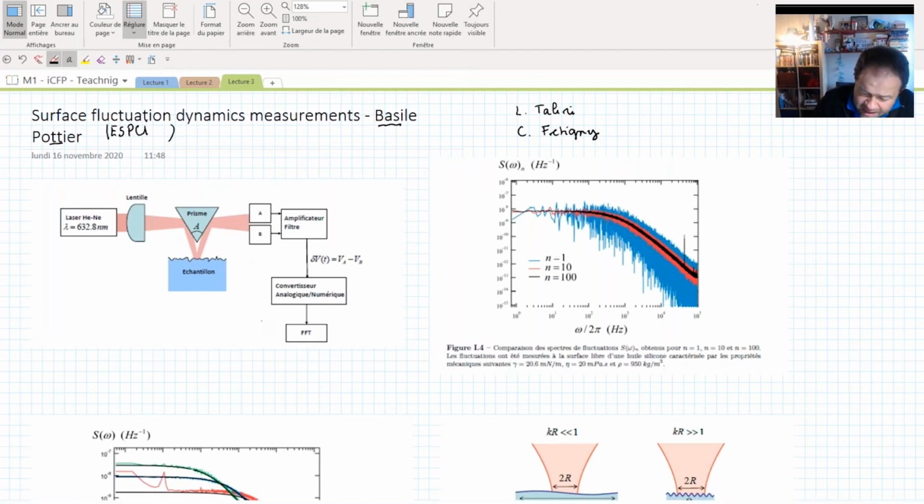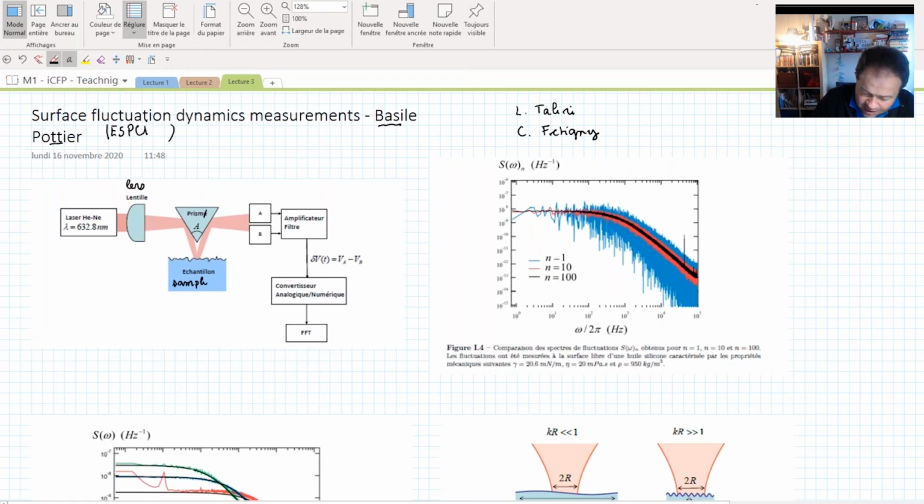So the idea is basically, lentille is lens in English. Échantillon is sample. Prism is prism without the E. So here we have everything in English. Basically he has sent a laser on the solid surface using a prism, and there is a reflection of the light on the surface.